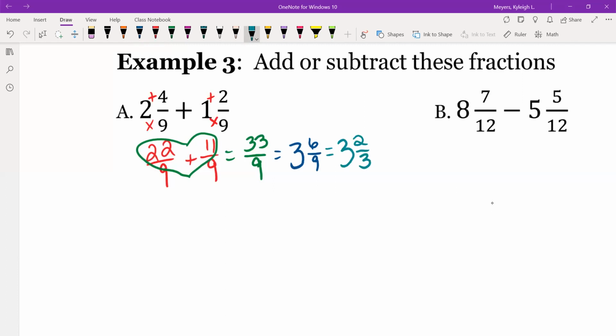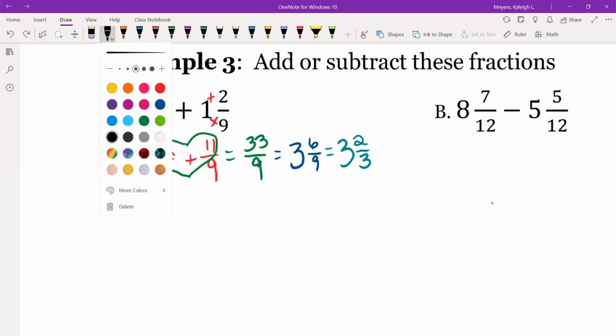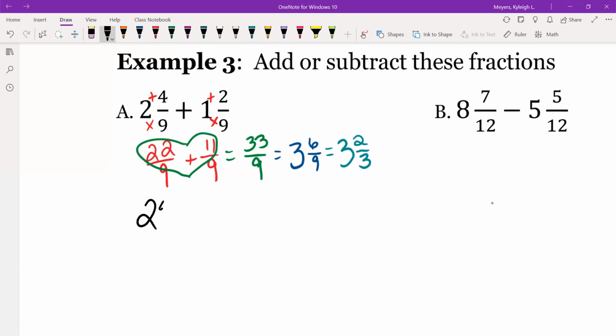Okay. The other way we could have done this is looking at 2 and 4 9ths plus 1 and 2 9ths. We could just add our whole numbers. 2 plus 1 gives me 3.